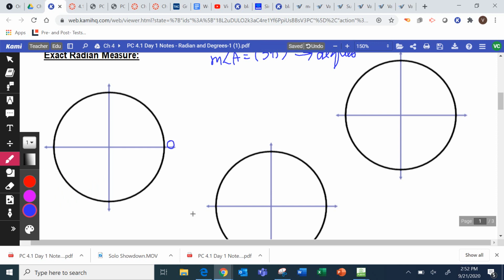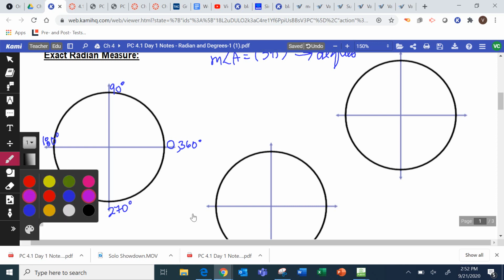If we go all the way around once, it's going to be 360 degrees. I'll do this first one with degrees, but we're really going to focus on radians. So this one would be 90 degrees. This one would be 180 degrees, and then this one is 270 degrees. Now, I'm not going to really use the degrees so much. I'm going to do the radians.